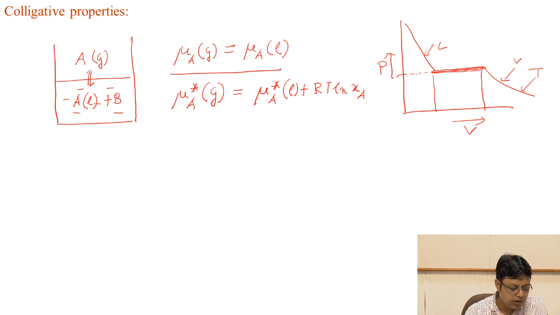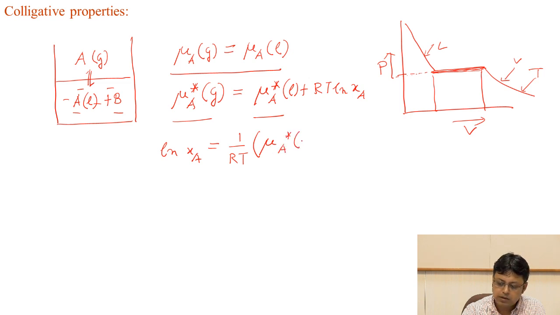What we just saw here is that we can take the difference, and if we write this in terms of ln XA, it will be 1 over RT into mu A star of the gas minus mu A star for the liquid.